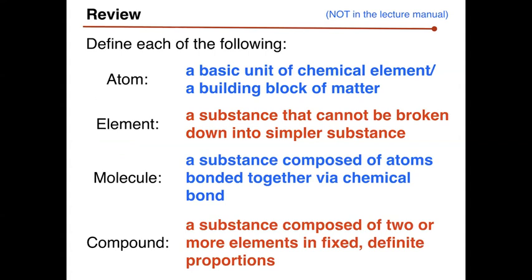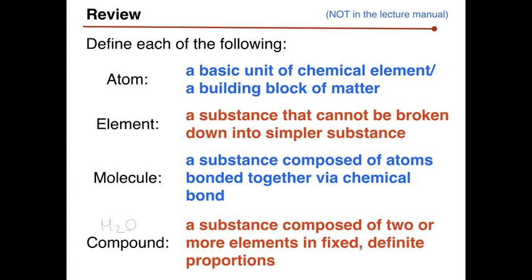For example, H2O is considered a compound because it contains two different elements bonded together via chemical bonds in a fixed ratio. How do you know it's a fixed ratio? Well, you can look at the subscript, right?